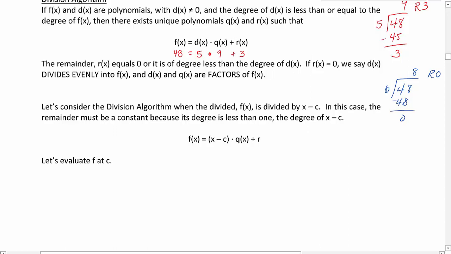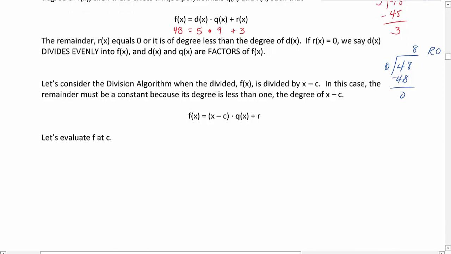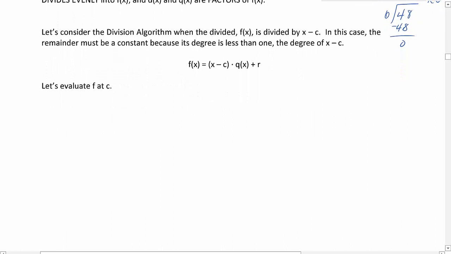So we know that when dividing polynomials, the remainder is also always a lesser degree than the divisor. So if the divisor itself is first degree, that means our remainder has to be 0 degree, which is a constant. All right, so using our division algorithm there, we're going to get that f of x is equal to x minus c times q of x plus r.